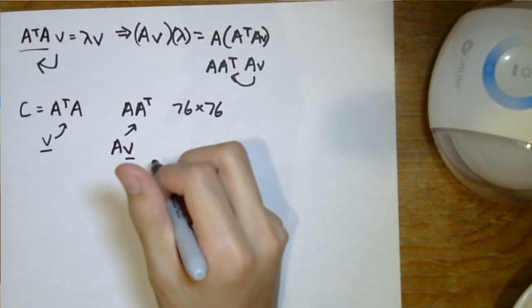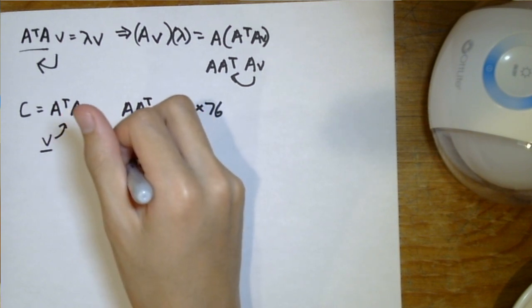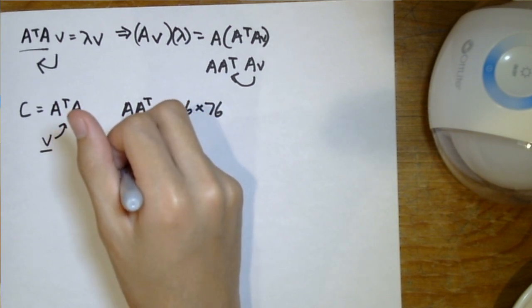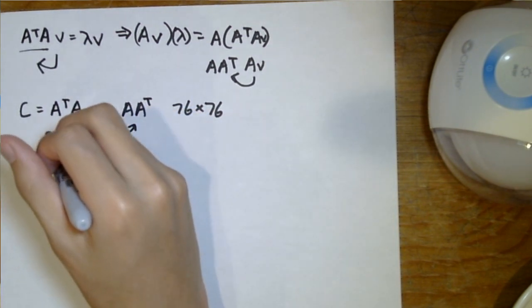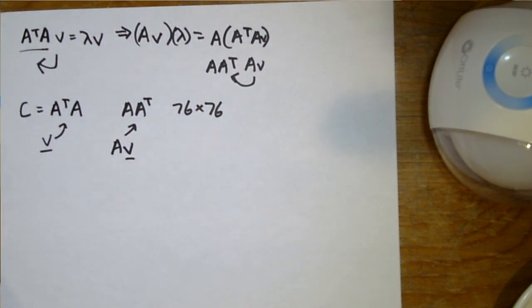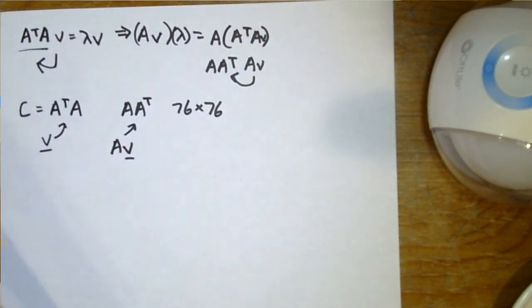So after we do this, we simply multiply AV by the inverse of A, or another way, to get back our original eigenvectors. And we can use these eigenvectors to now perform our recognition procedure.